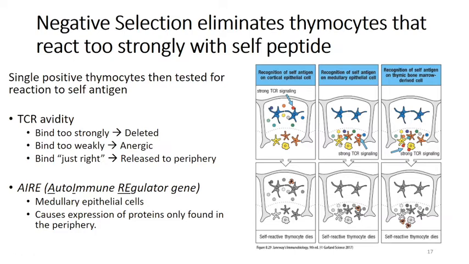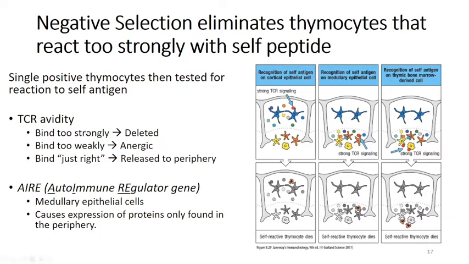It has to run the gauntlet of, so there are cortical epithelial cells, there are medullary epithelial cells, and worst of all, if the affinity is too strong, and this was all demonstrated 30 years ago in transgenic models where you can define peptides and know the affinity.